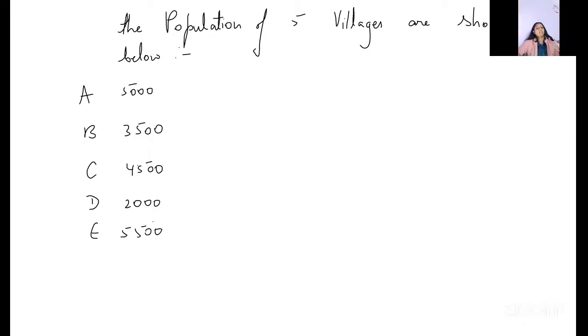So this is the population that they have given, and the names of the villages are A, B, C, D, and E.